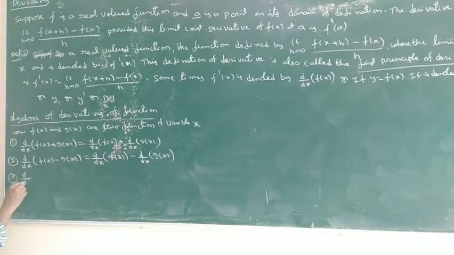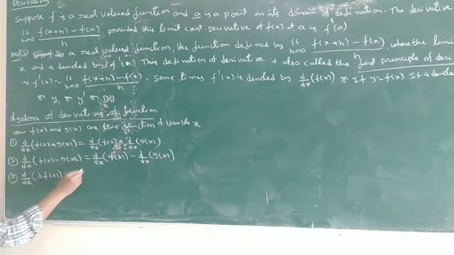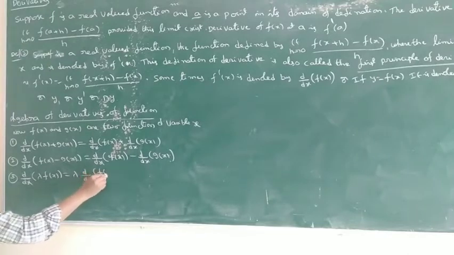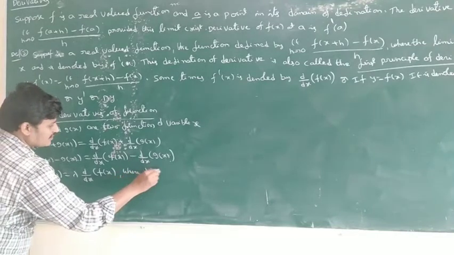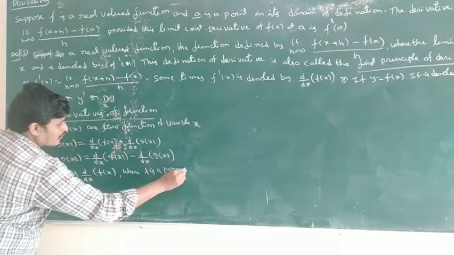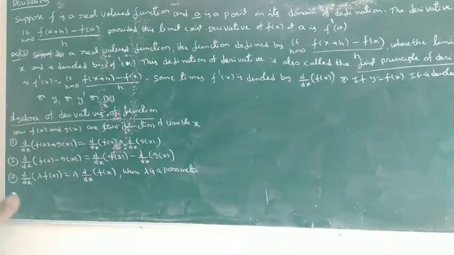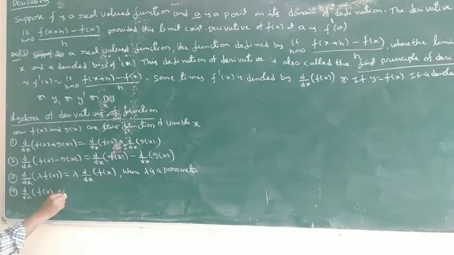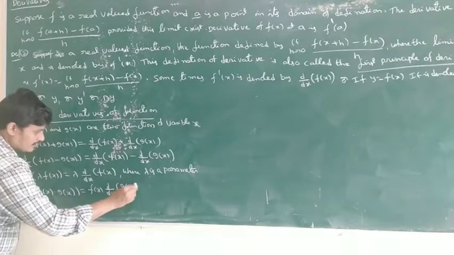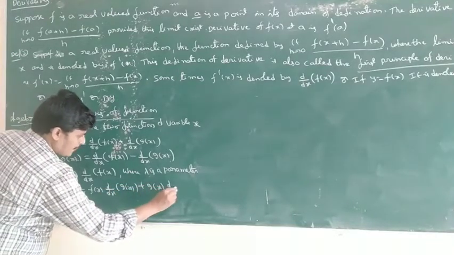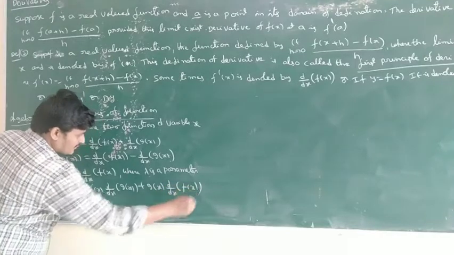Third one, d by dx of lambda into f of x is equal to, constant separate, lambda into d by dx of f of x, where lambda is a parameter. Next, d by dx of f of x into g of x is equal to f of x into d by dx of g of x plus g of x into d by dx of f of x.